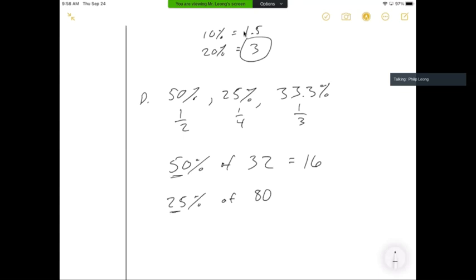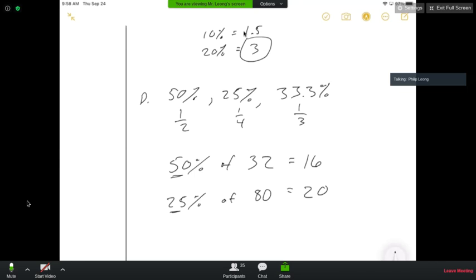Like if you have 48%, just go to 50. If you have 24%, go to 25, because those are easier ones to do. So this one would be 20. Half is 40, half of that is 20. So again, we're just using our mental math, without the calculator.